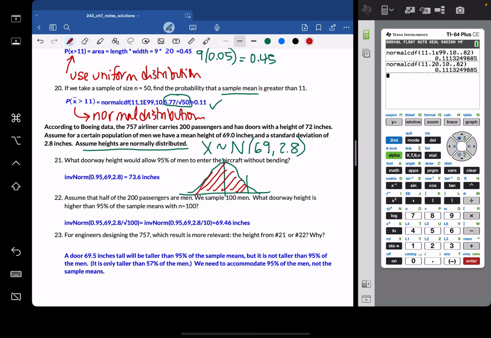So inverse normal, 0.95, and then mu and sigma. And this is my area to the left. And that tells me that value is 73.6 inches. So that's the 95th percentile of men. There are some men that are taller than that, and they're going to have to bend over, but only 5% of them.